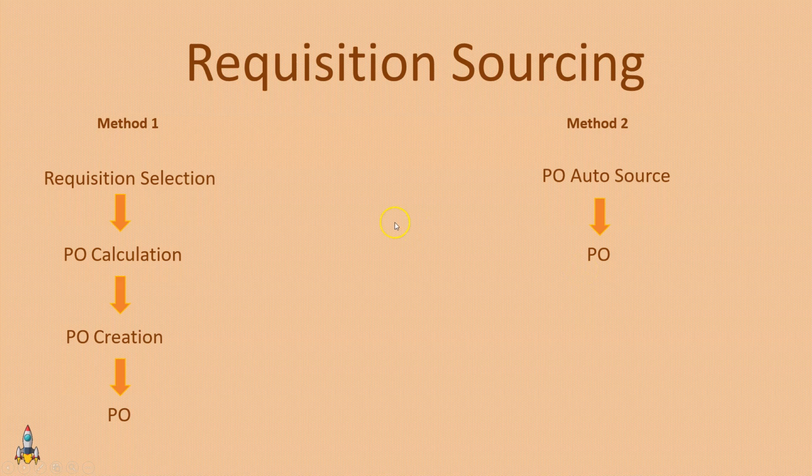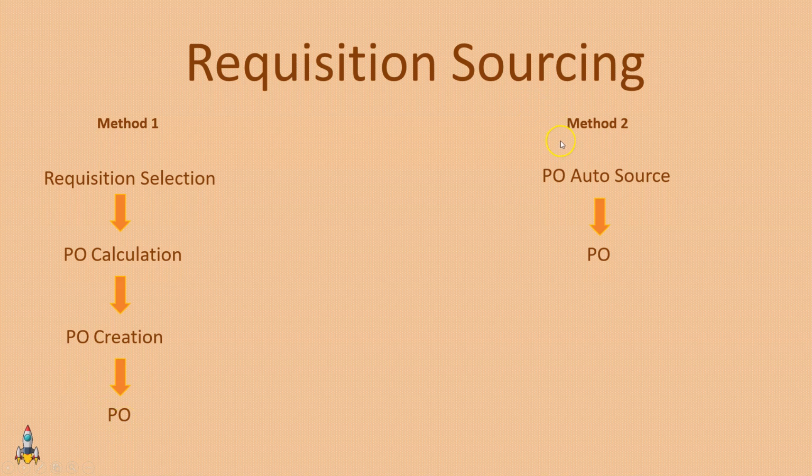As you can see, in the first method, we will first run the requisition selection process, which is followed by the PO calculation process, which is followed by the PO creation process, and finally, once the PO creation process is successful, we get a purchase order for our requisition.